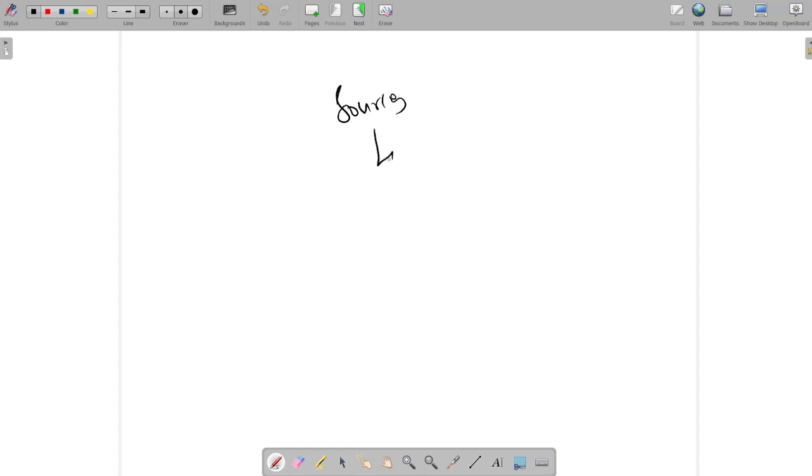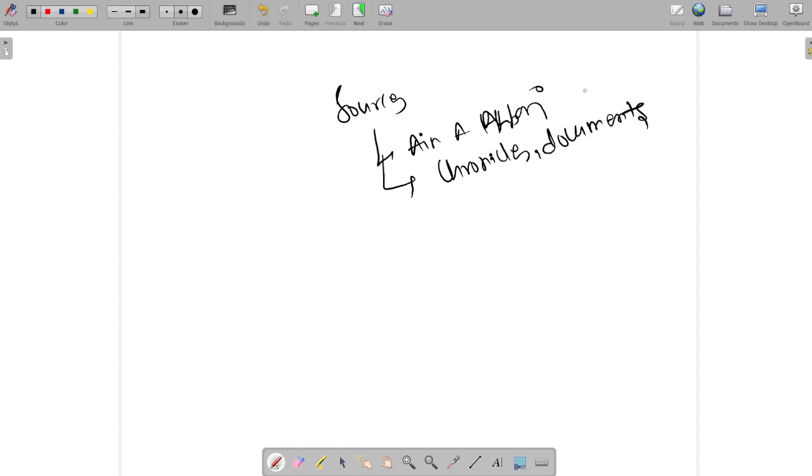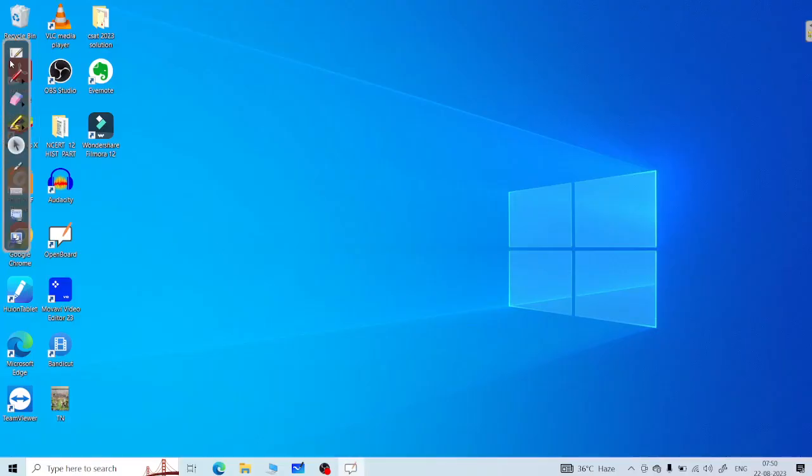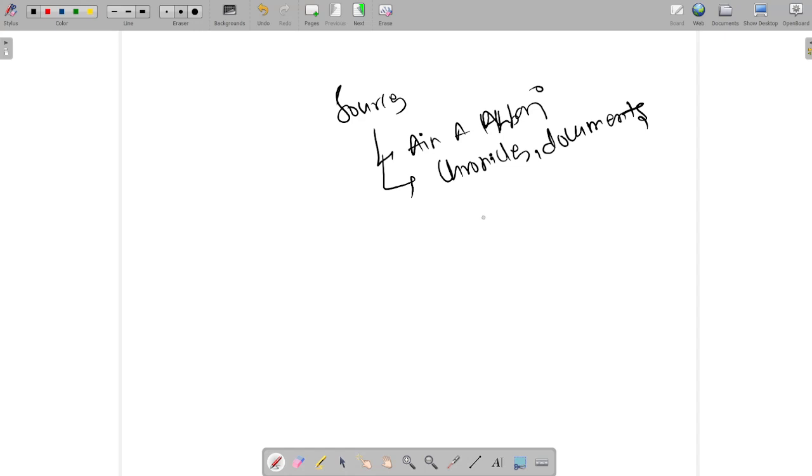Second sources are chronicles, documents, etc.